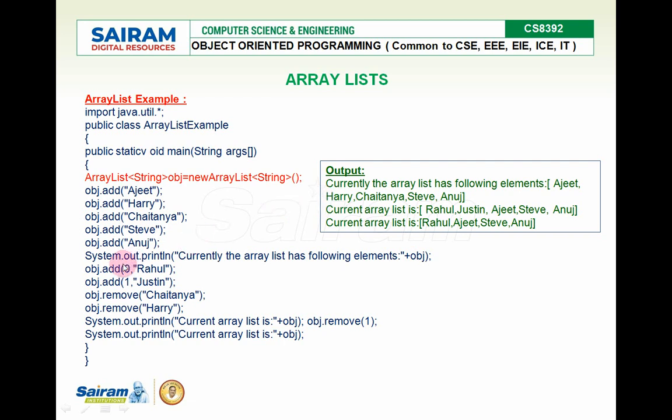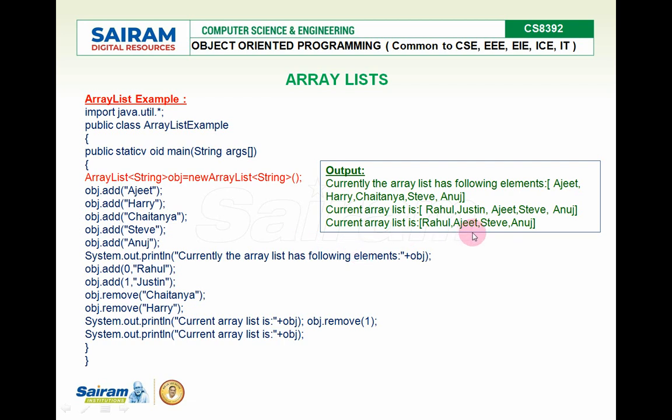And thereafter I'm saying add in the 0th position, insert this Rahul, and in the first position, which means second location, insert Justin, and remove Chaitanya, remove Harry. So in the beginning Rahul, in the second position Justin. Instead of the first and second position, Rahul and Justin were inserted, and Chaitanya, Harry were removed, so the remaining will be there.